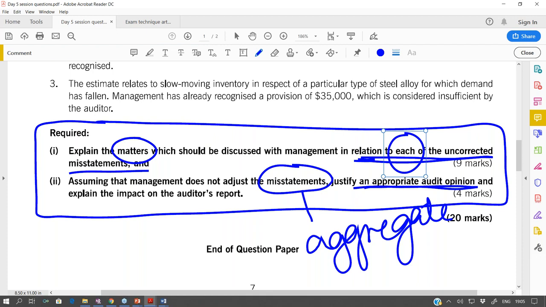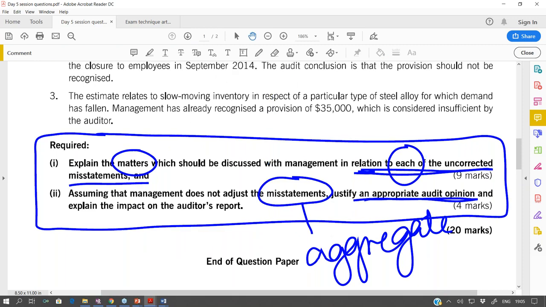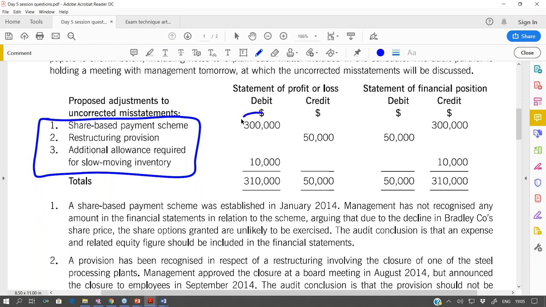So, for example, there is one misstatement of 300,000. I'll find the materiality and I'll tell whether the auditor should give a qualified opinion or an unqualified opinion. Then there is a second misstatement of $50,000. I will tell whether the auditor should give a qualified or unqualified opinion, individual, right?